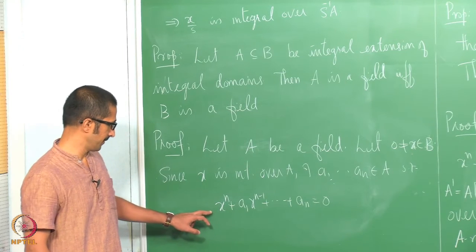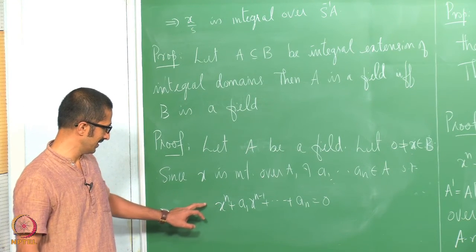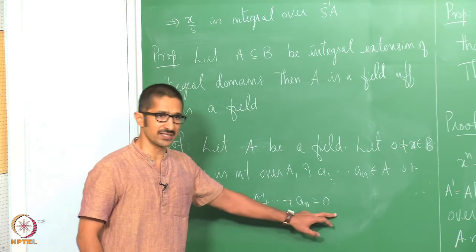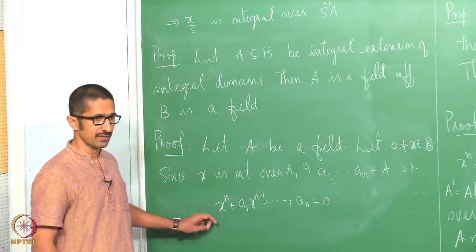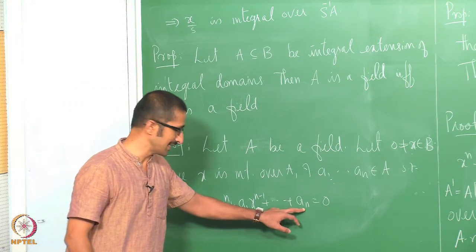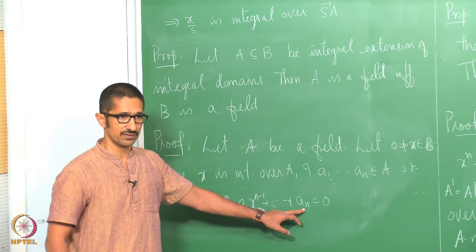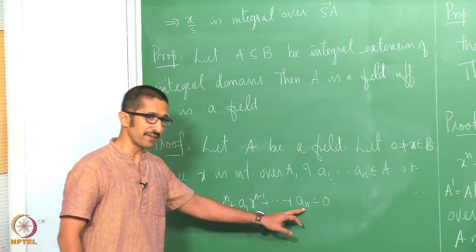Now, we can assume that this is an equation of minimal degree, and hence we can assume that an is non-zero. See what happens if an is 0.